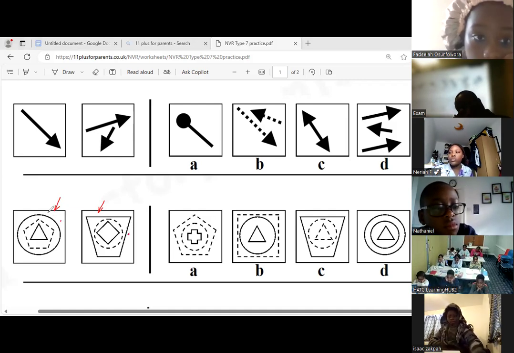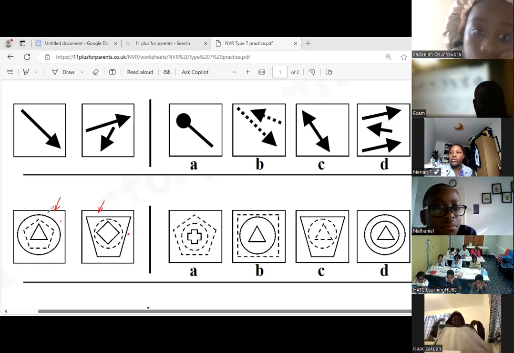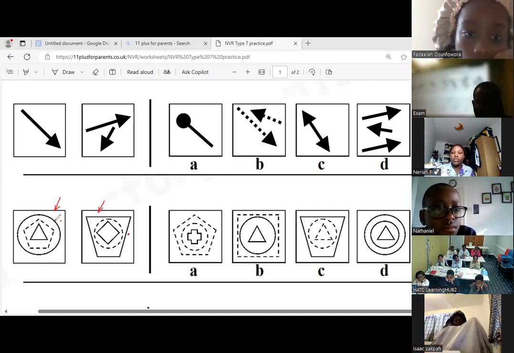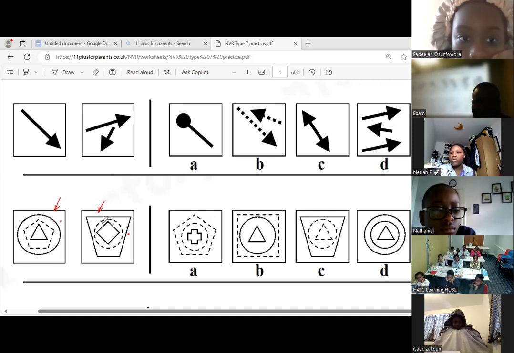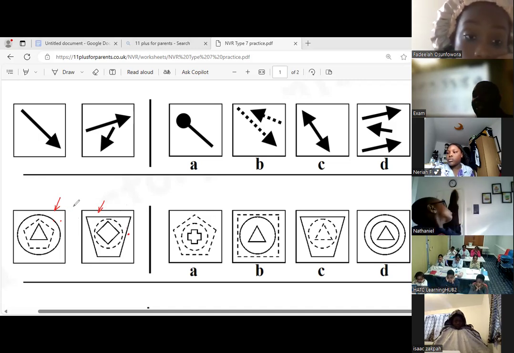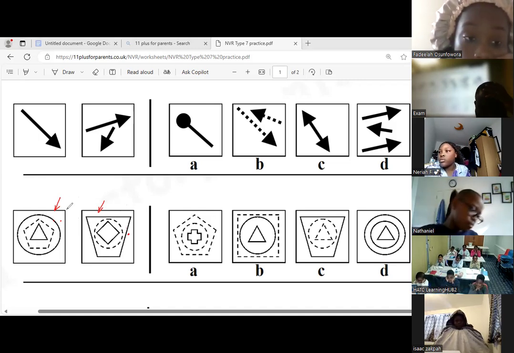If you look at those two, you realize that this one is a circle. Well, there's a circle inside. This one is a pentagon, but we don't have pentagon. Okay, we have pentagon on the outside. And this one is a triangle, but we don't have triangle. So it's not like they have the same shape in common.